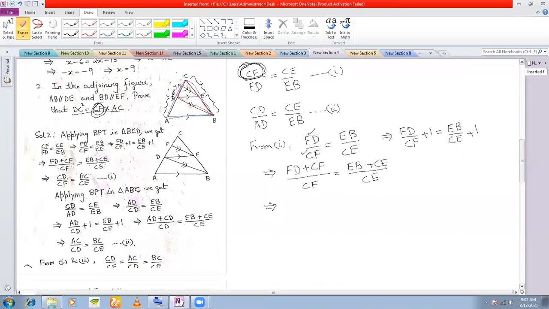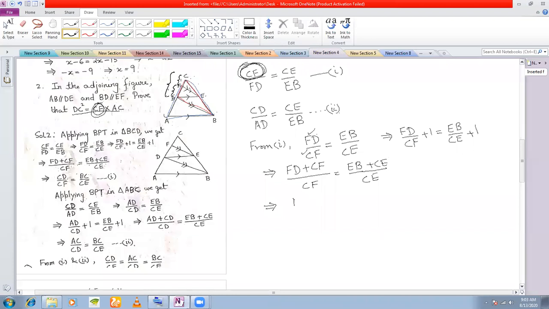Let me just draw once again. Why have I added? Because I know that FD plus CF will give me my CD or DC. Okay, so that is why I have added 1.